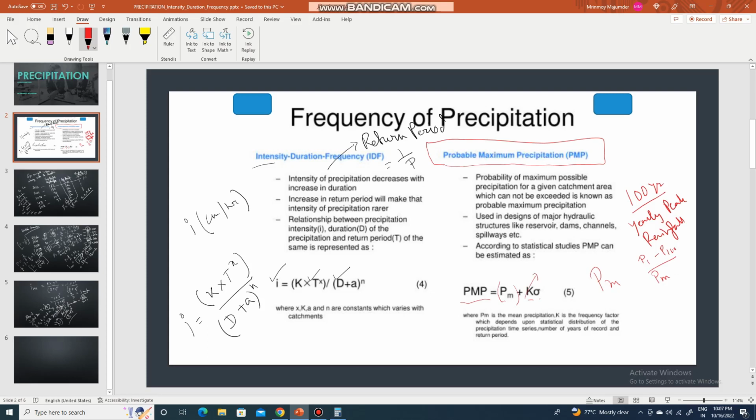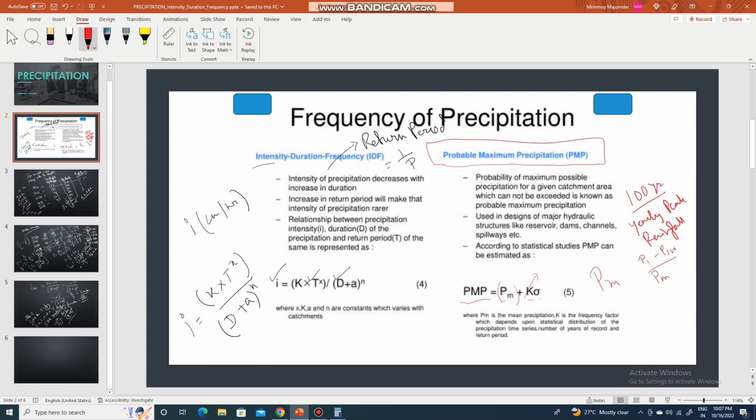K is the frequency factor, which depends on the statistical distribution of all the 100 years peak rainfall. Okay, and also the number of years of record you have and return period of those rainfall. That means if you have 100-year rainfall, K will be different compared to when you have 50 years rainfall or 30 years rainfall.